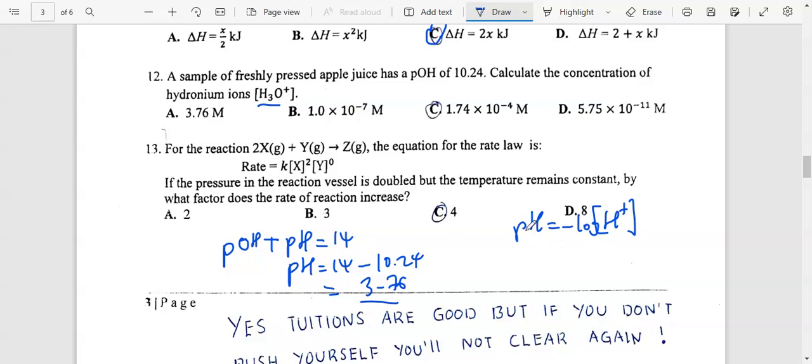So we divide both sides by negative: negative pH, which we found to be 3.76, is equal to log of the hydrogen concentration. To find the hydrogen concentration, we know that this log is in base 10. So the concentration of hydrogen is going to be equal to 10 to the power negative 3.76.